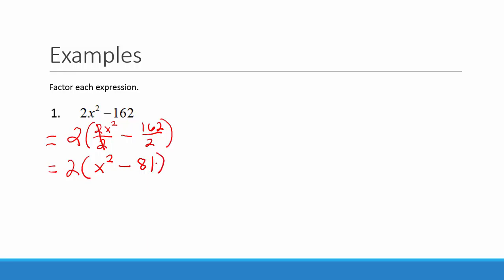Now let's look at what's inside the parentheses. x squared minus 81. I'm going to write just that part over here, and let's see if there's something we can do to factor that. This binomial is in the form a squared minus b squared. Our a squared is x squared, and our b squared, what squared gives us 81? 9.